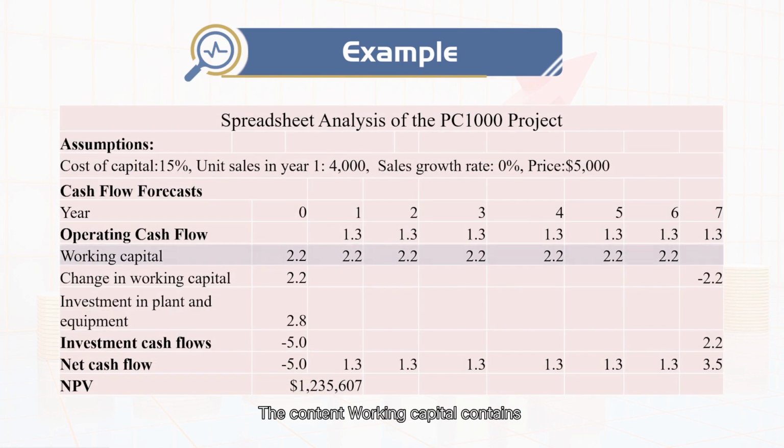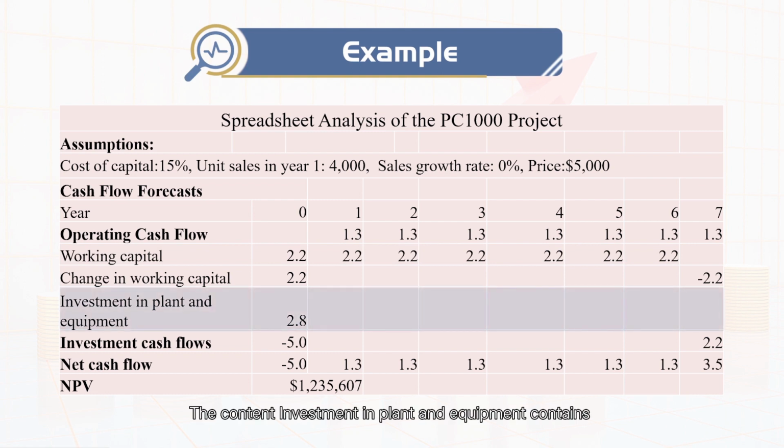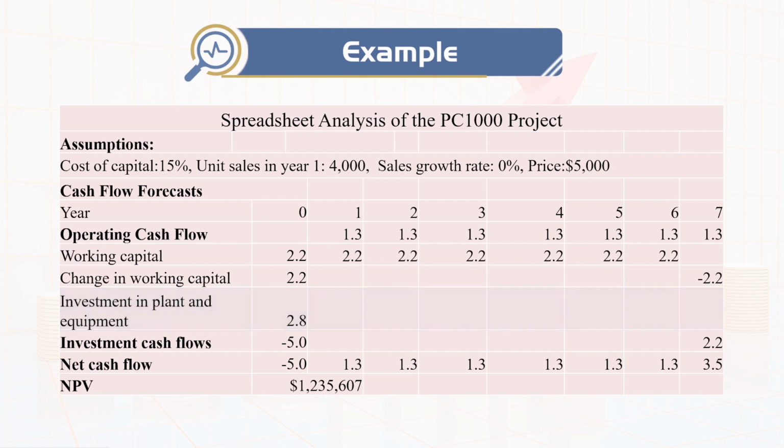The row working capital contains the forecast of the working capital required each year, and the next row calculates the additional cash invested in working capital during that year. The row investment in plant and equipment contains the forecast of new investment in plant and equipment in each year.